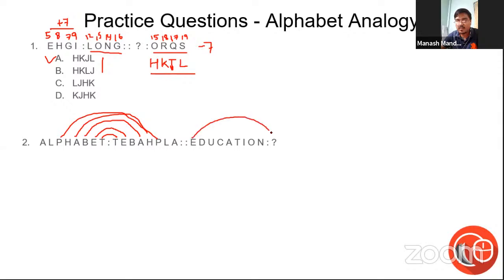You have to write education in reverse now to get the answer. So we'll get N-O-I-T-A-C-U-D-E. Ekta has got it correct. Kushpreet has got it correct. You are only missing A here.